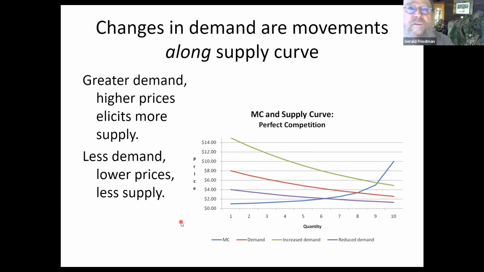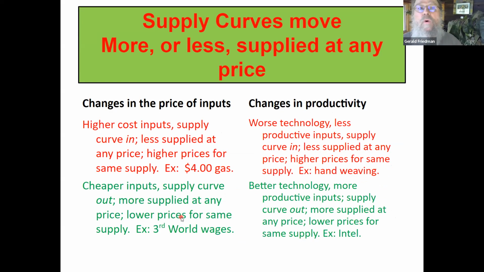Okay, supply curves move more or less supply at any price. Why? Simple. I mean, this is how economics can be cool. It's like you can break it down. There are only a couple things to go in here. Price of inputs, higher cost inputs, lower cost inputs, changes in productivity because you have some new technology.